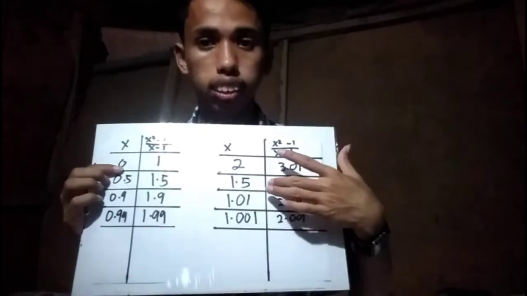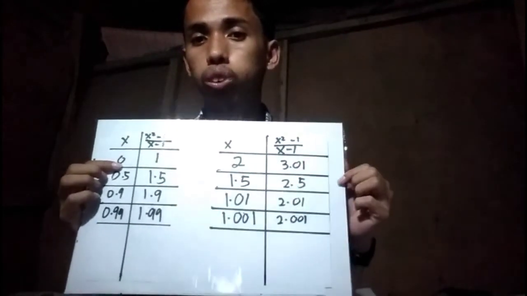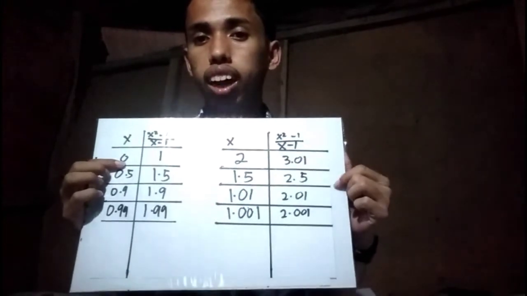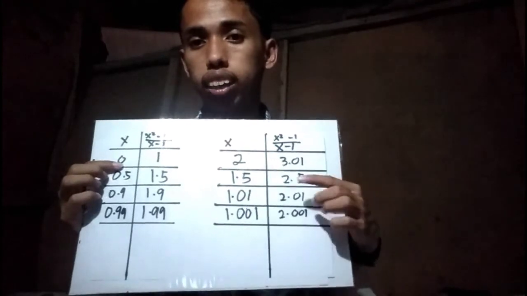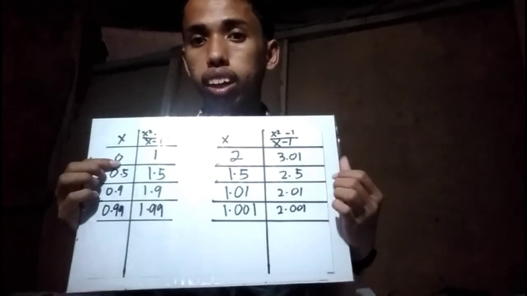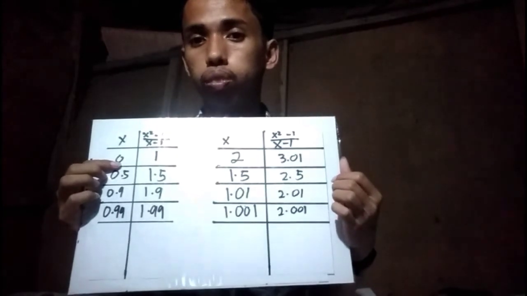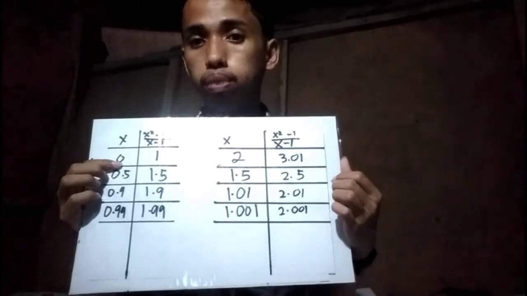Also, on this part, if the value of x is 2, then the value would be 3. And if the value of x is 1.5, the value would be 2.5.